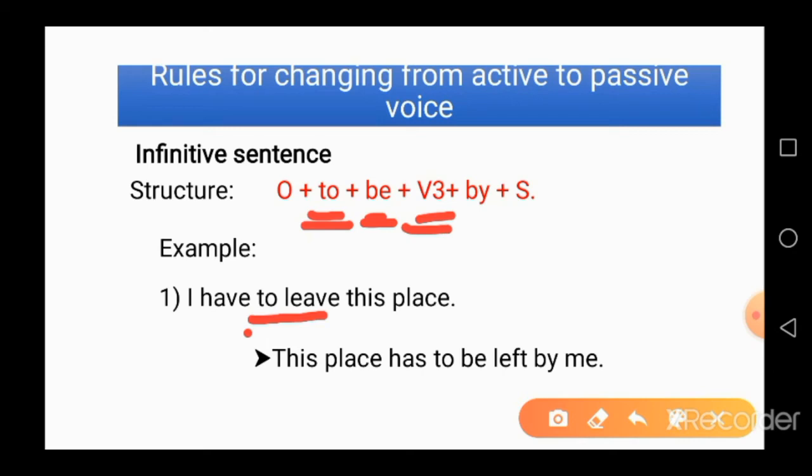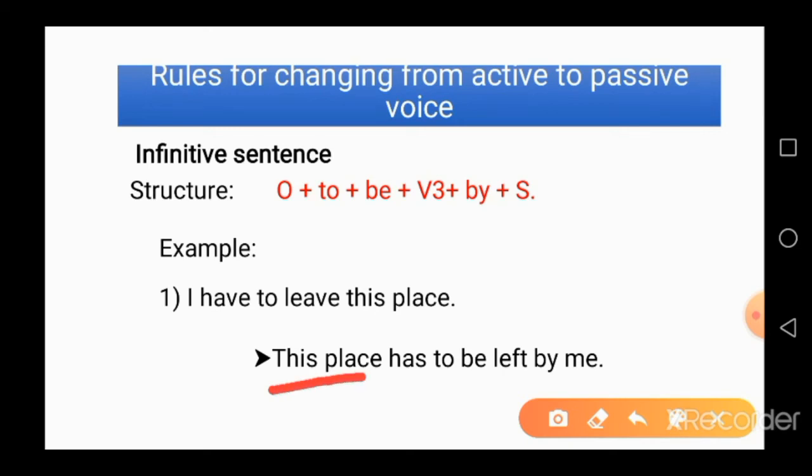So, let me explain more with this example. In this example, the verb leave is written after to. Your sentence is I have to leave this place, and here the subject is I, the object is this place and the verb is in its infinitive form. When you change this sentence into passive voice, we take the object first. The object is this place.